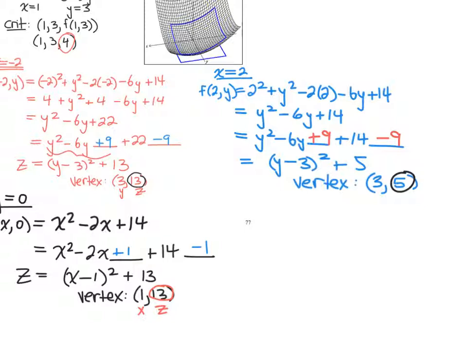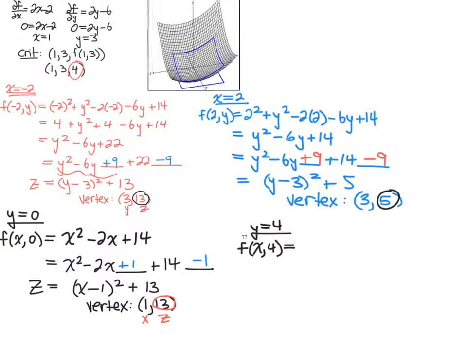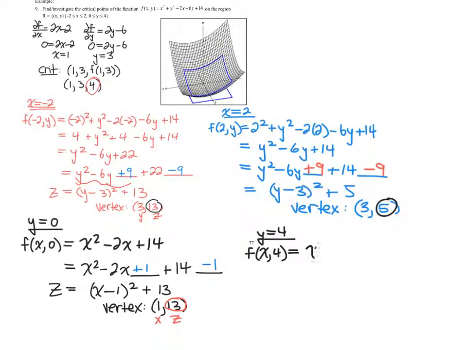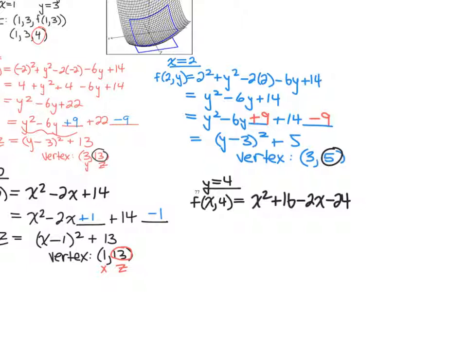All right, and then finally, the upper bound, which is, I believe, y is 4. So x squared plus 16 minus 2x minus 24 plus 14. So x squared minus 2x, and then we have 16 minus 24 is what, negative 8?